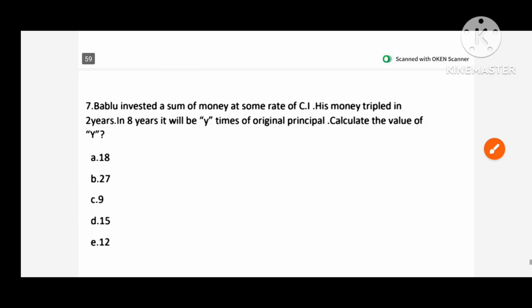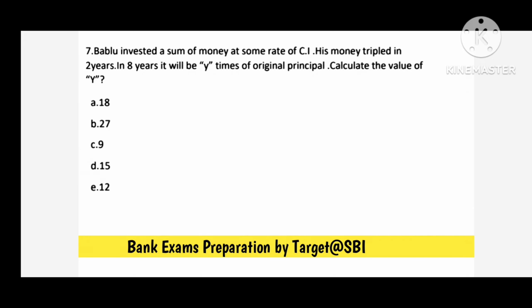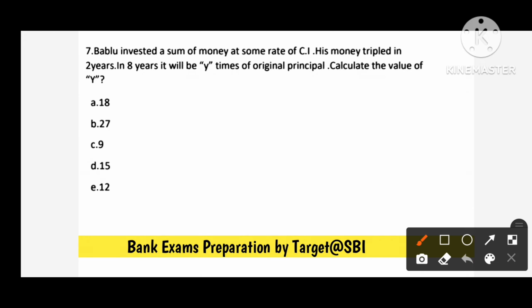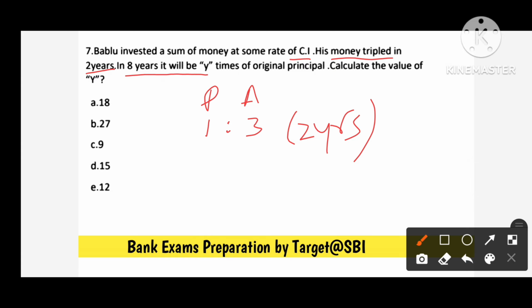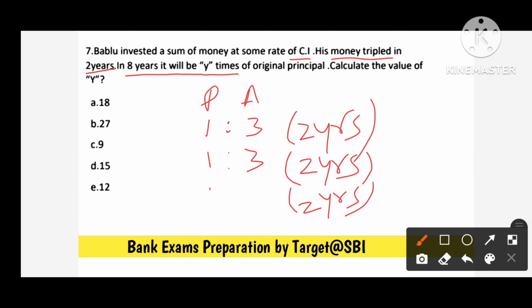Next, question number 7. Bablu invested a sum of money at compound interest. His money tripled in 2 years. So principal, let's take it as 1 part. It tripled means it becomes 3 times the amount for 2 years. In 8 years it will be y times. 8 years means extra 2 years, we have 1:3, extra 2 years we have 1:3.